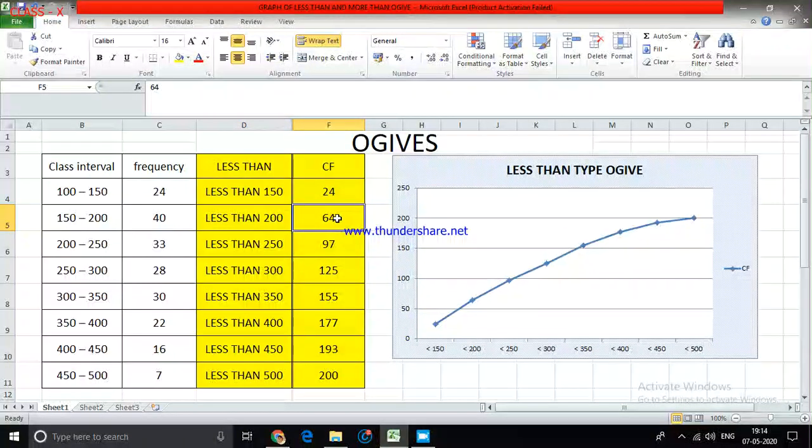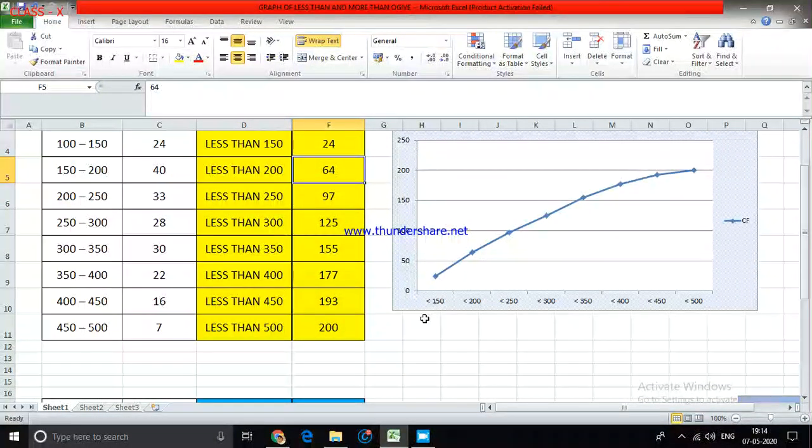So if you want, you can represent the points like this. This is 150 comma 24. This is one point. Second point is 200 comma 64.